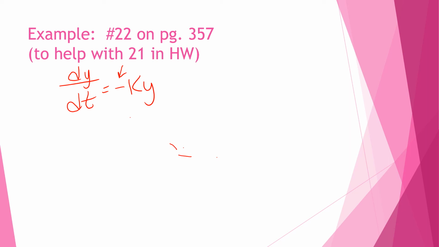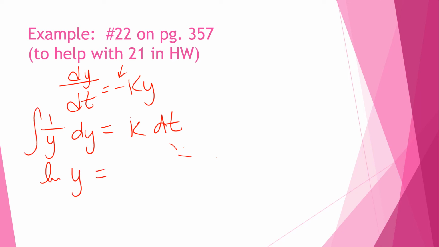So what we're going to do is bring our y over to this side, leave our k, and multiply by dt. Once we integrate, we have the natural log of y on the left, and then kt on the right. Remember, we're just trying to solve for k.